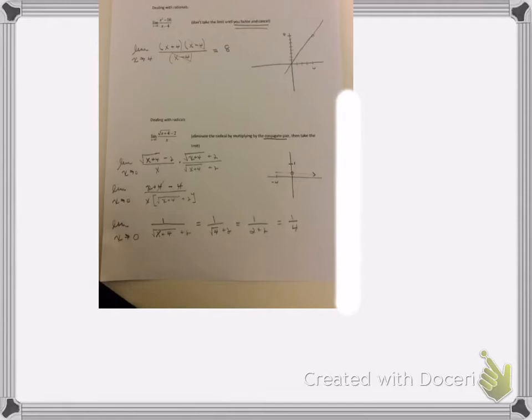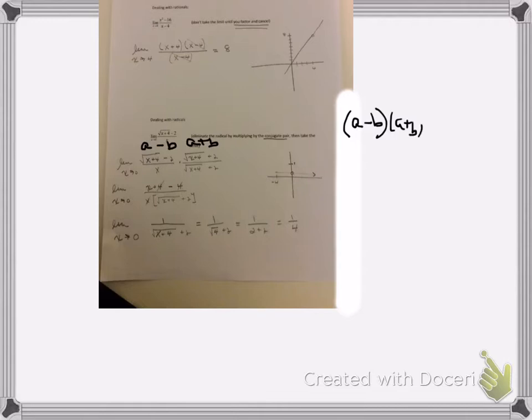If I say the radical x plus 4 is my A term, and the 2 is my B, and again, this is my A, and this is my B, and there's a subtraction here and an addition here. Over here, when I FOIL it, A minus B times A plus B, I will do all the steps.